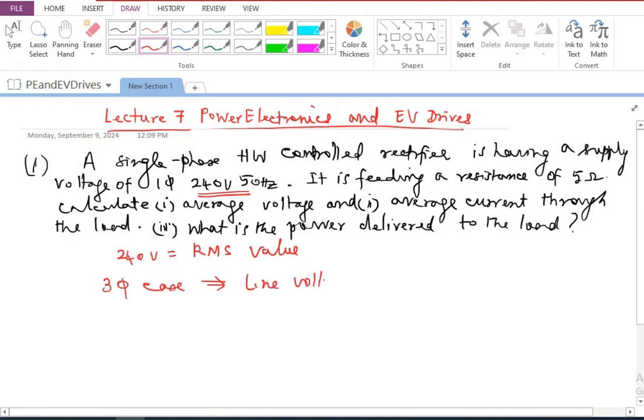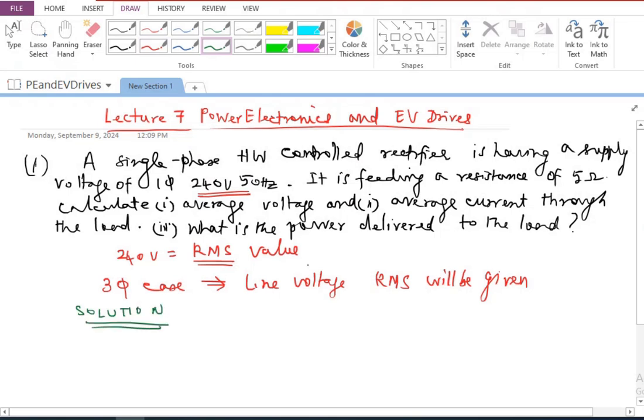And similarly, in single-phase case, whatever is line to neutral voltage RMS value will be given. So this should generally be taken as the given value unless it is mentioned otherwise. So let us try to look at the solution for this case.